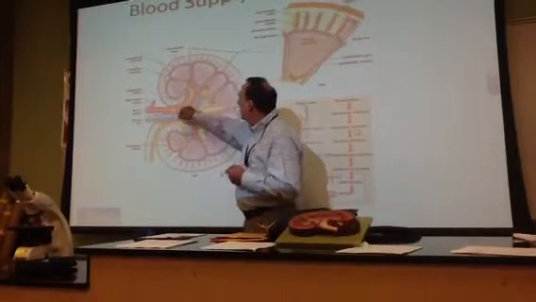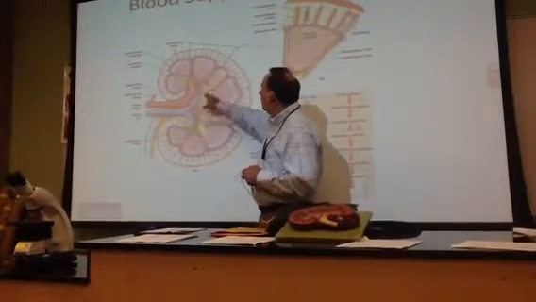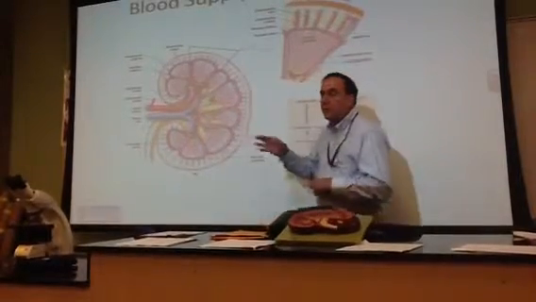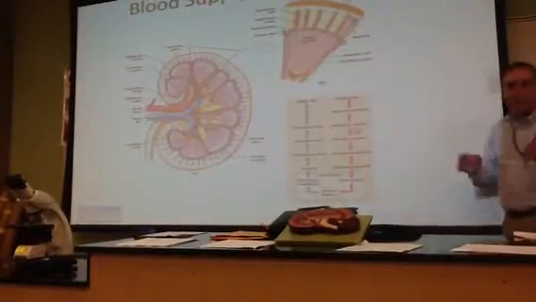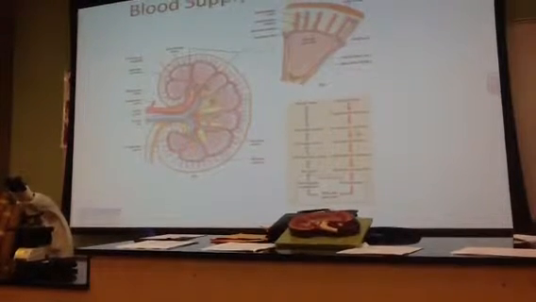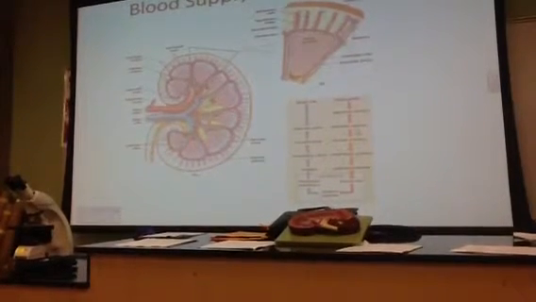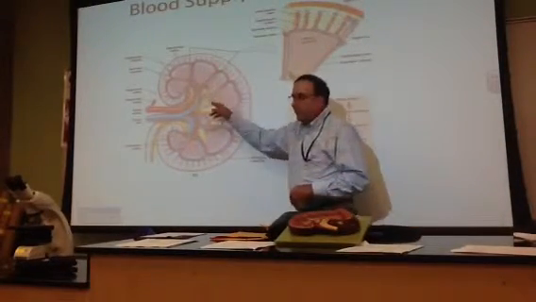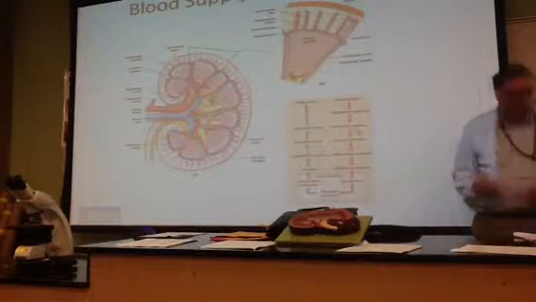Its segmental artery splits, and as the artery passes up between the pyramids, in the region called the renal columns, it takes on the name of the interlobular artery. And the corresponding veins in that area have the same name, interlobular veins.